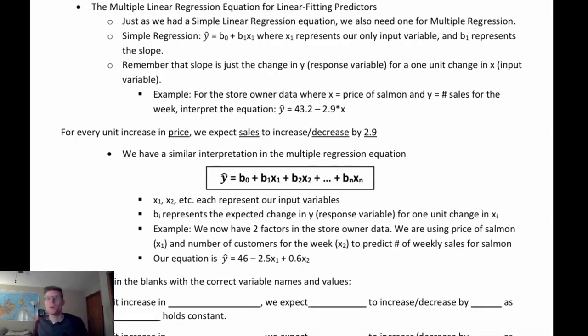And so for that reason, these slope values can actually change when we add new predictors. So even though this is the slope value that I have for price in response to weekly sales, if I add other predictors, I'm going to expect this coefficient can actually change. It might change a small amount, it might change a really significant amount.